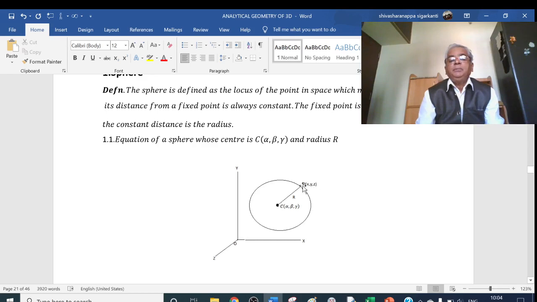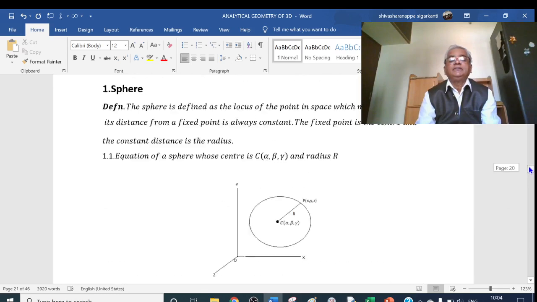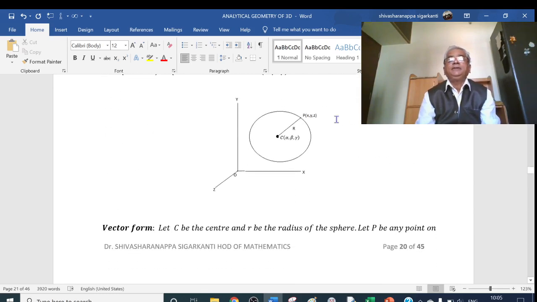Then CP is nothing but r, the radius. We can find CP by using the distance formula. In vector form, C is one point and P is another point, so CP is a vector, and the magnitude of this vector is r. That is, magnitude of CP is equal to r.